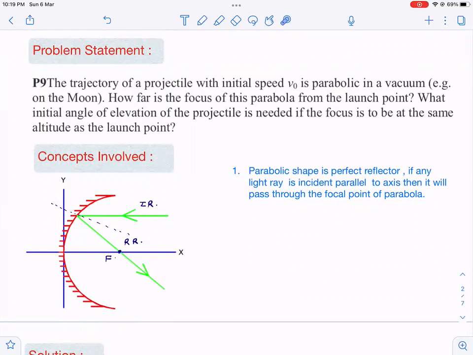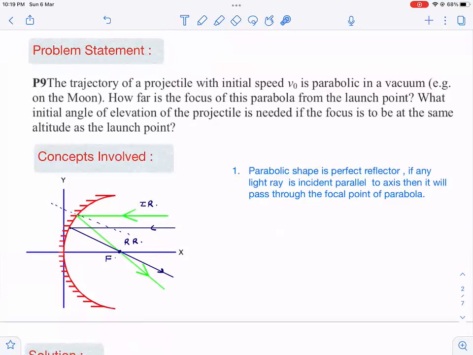So this light ray can be incident here, you can see, or it can be incident here, right? So if I draw another light ray, which is incident and parallel to the optical axis, that light ray is also going to pass the focal point of parabola. So there is no such condition, right, that this angle of incidence would be small, because in geometrical optics, we study that spherical mirrors work best if rays are paraxial rays, right?